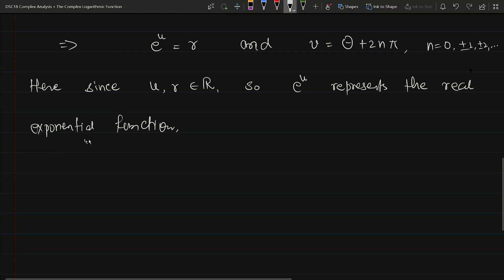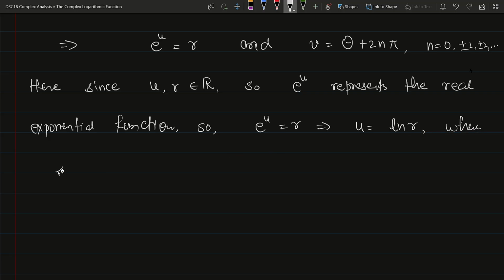So for the real exponential function, you can say e to the power u equals r, that implies that u is equal to ln r, where this ln is the real logarithmic function.